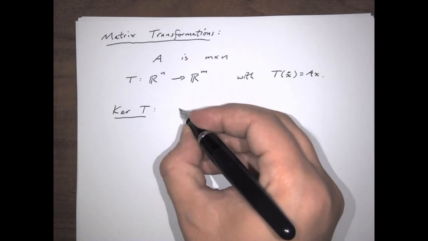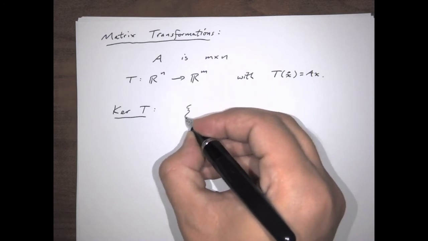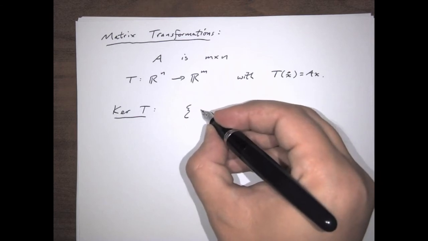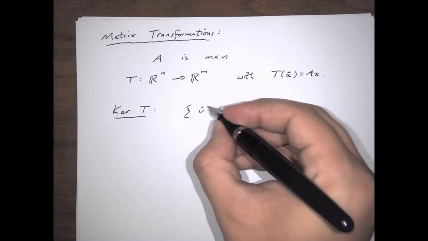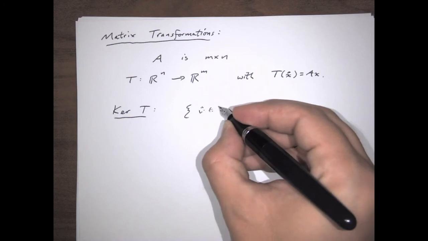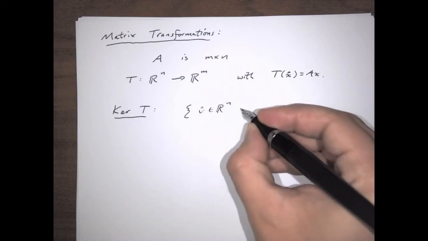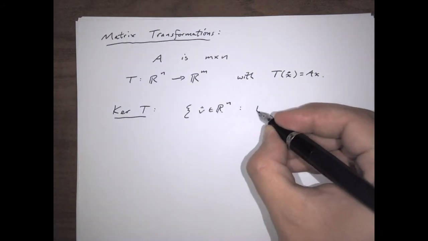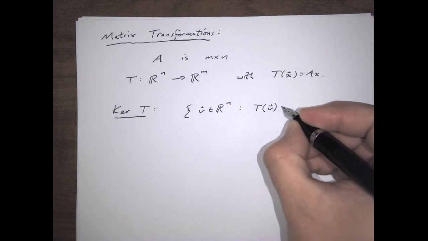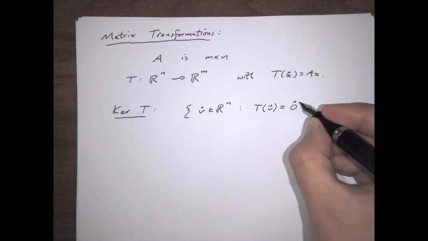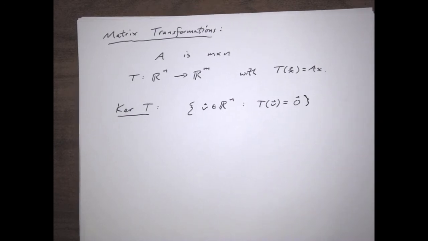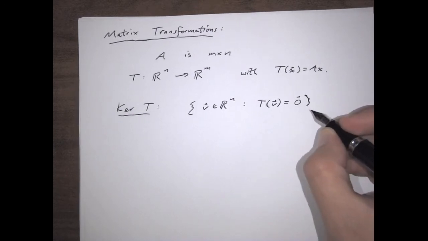So this is the set of all v in Rn such that T of v equals the 0 vector, and it's the 0 vector of Rm.